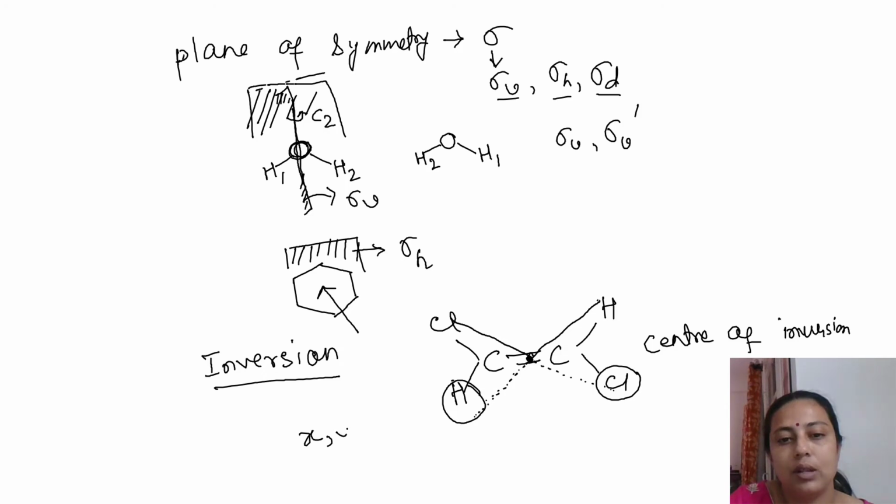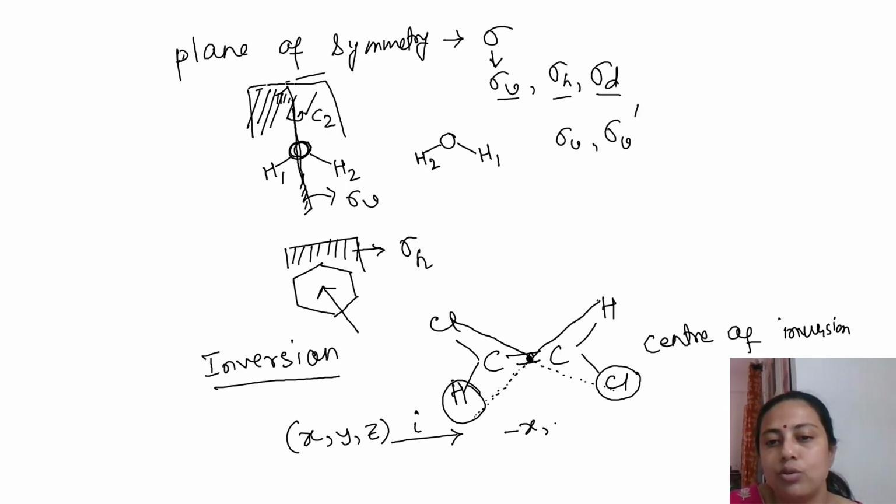So if the center of inversion, or i, is operated on a particular coordinate x, y, z, then it is going to transform all the coordinates to minus x, minus y and minus z.